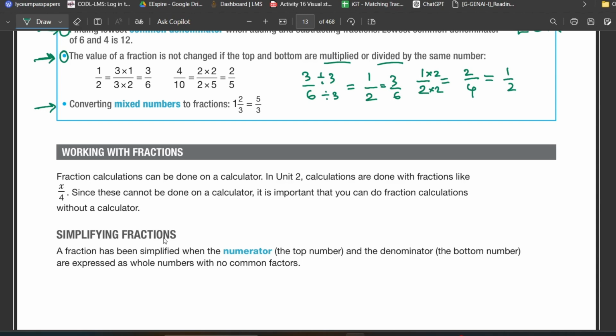Now these things you know. So, simplifying fractions. We call a fraction simplified when, let's say we have 2 over 4 and 1 over 2, which is the simplified fraction? For this one, we can divide both numerator and denominator by 2, so we can further simplify and get this. So this is a simplified fraction. We can't simplify this any further.